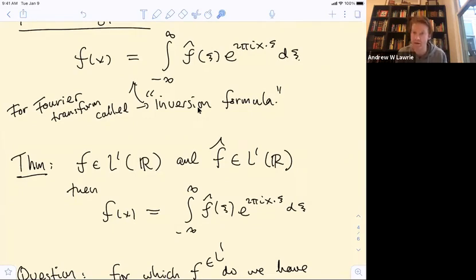I need to know more. If I knew, for example, that the derivative of the function is in some integrable space, then I'm in business. But like I said, that's requiring some additional regularity, additional smoothness of the function.